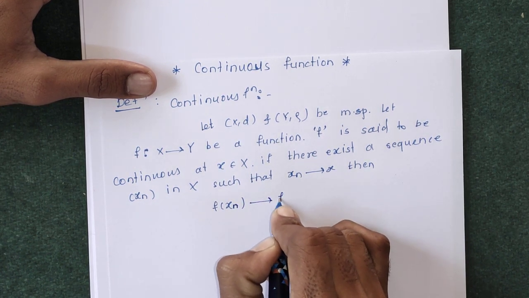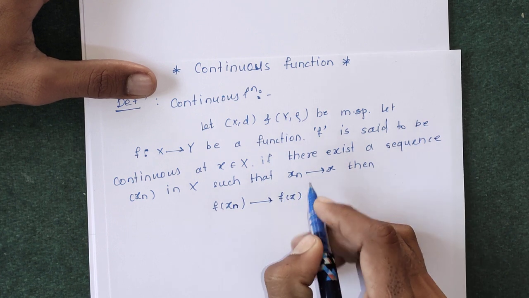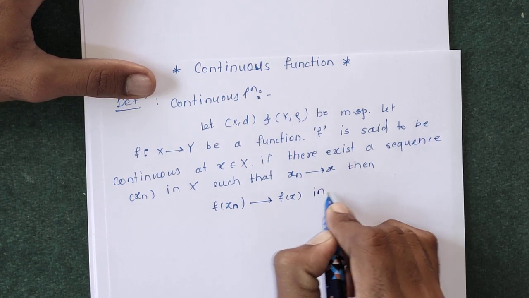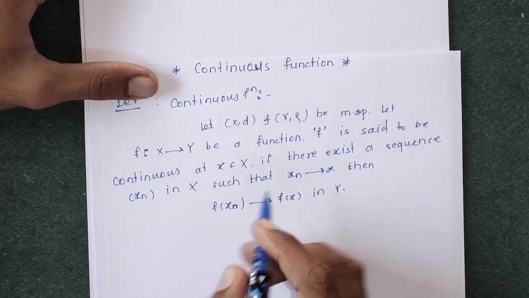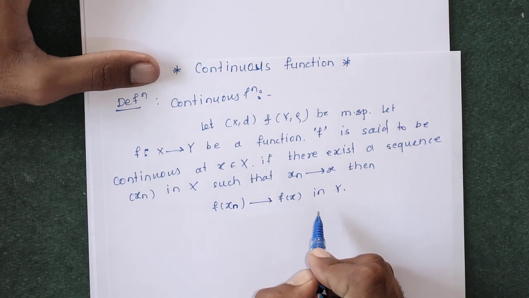These f of x_n and f of x are elements of Y. So f of x_n converges to f of x in Y.